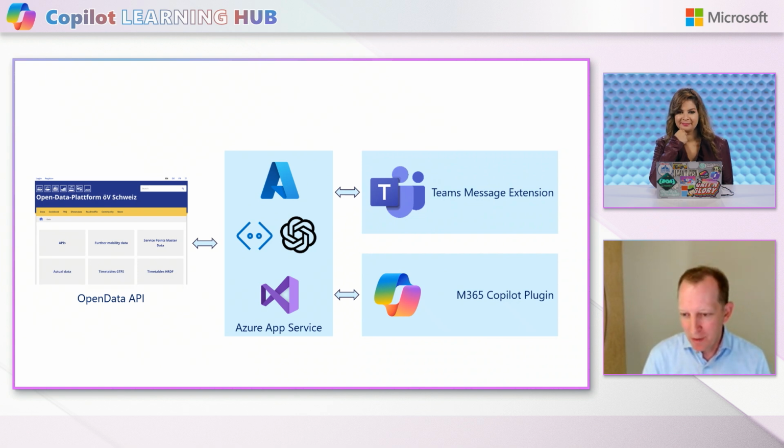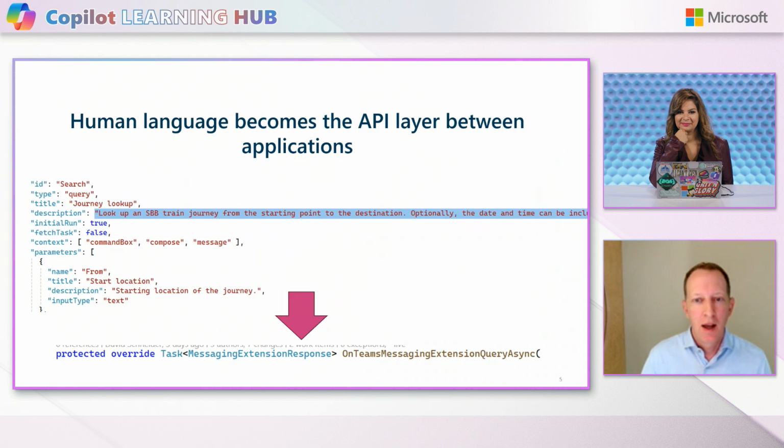Now, the magic in this solution is that Copilot detects based on human language which plugin to call, which method of that plugin to call, and also does the wiring between the parameters of the plugin and the prompt I put in. So the human language becomes the API layer between applications.